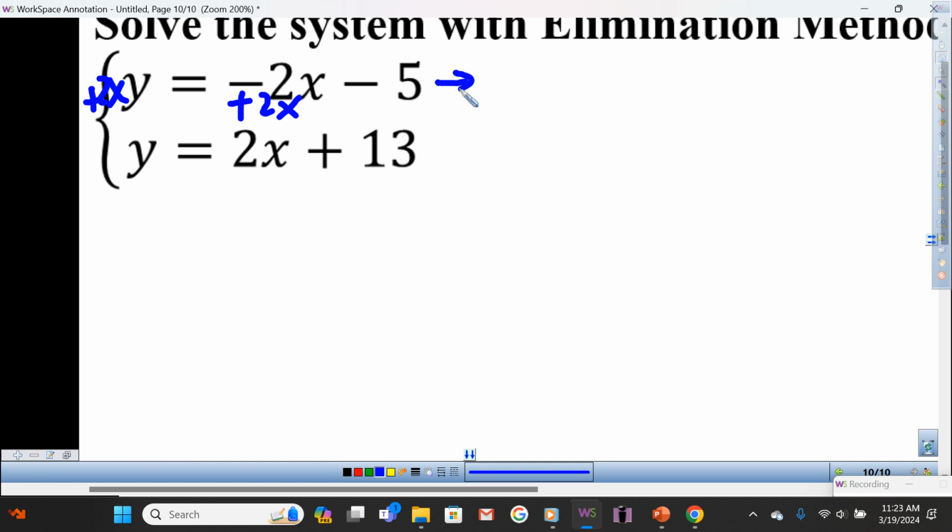So this becomes 2x plus y equals negative 5. For this one, to have both of them on the same side, tell your neighbor what to do, please.